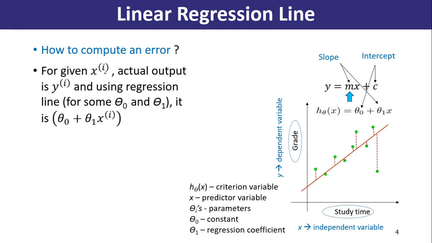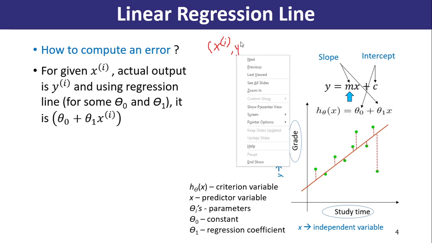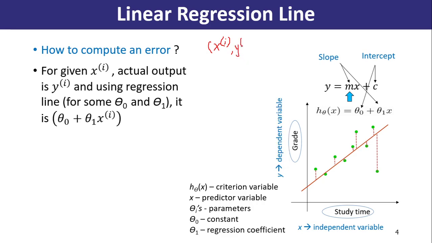So if I have m number of samples, I will have the data provided of the form x i, y i, where i denotes the ith sample. So I will have some value of x associated with the ith sample, and also we know the output value y for the ith sample.